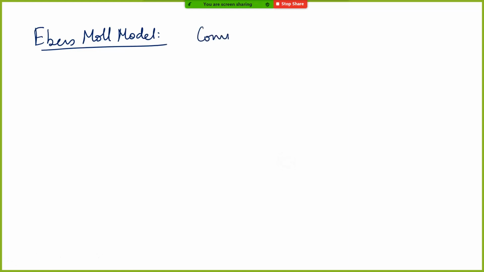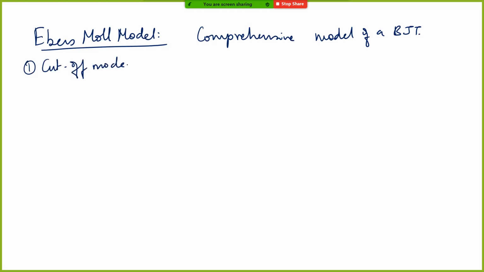It's basically a comprehensive model of a BJT. What is the comprehensive model of a BJT? Basically, it will cover all 4 regions. I have still not talked about the saturation region, but let that be. What are the modes that we talked about? Cutoff mode. Then we looked at the forward active mode.